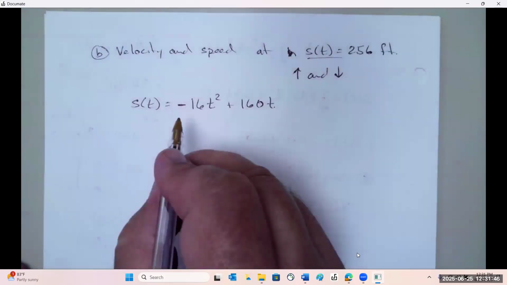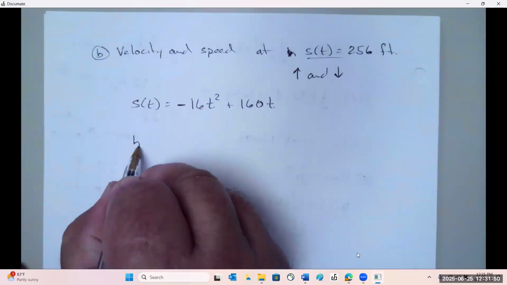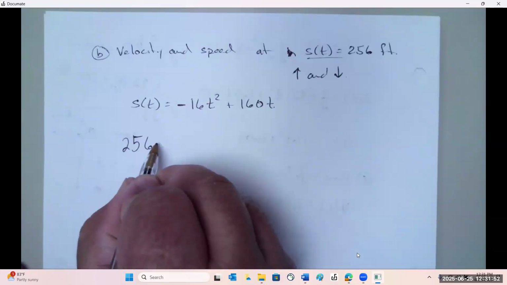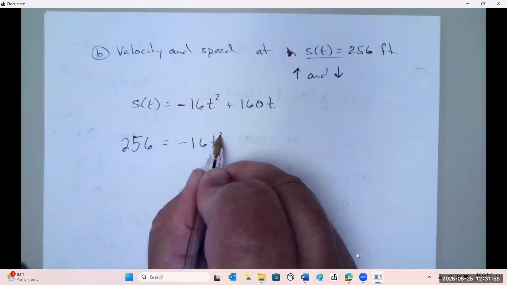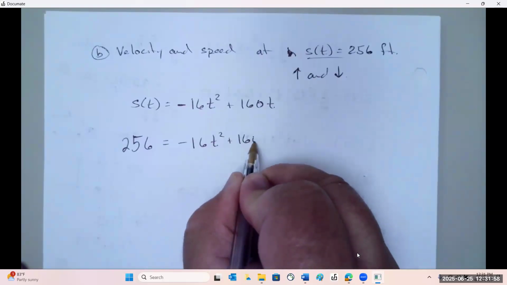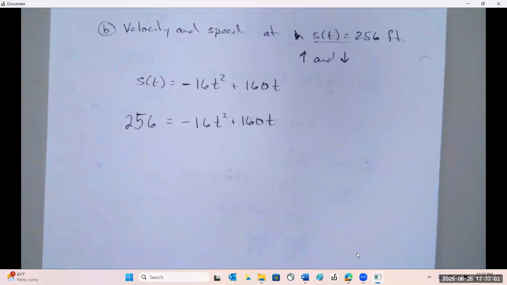Because we're looking at when that equals 256. What do we have to know first?